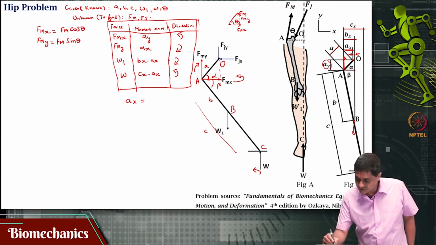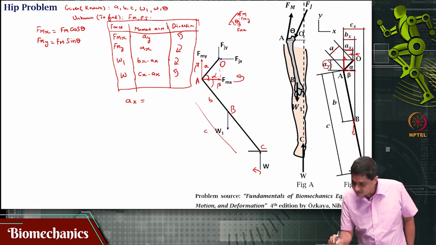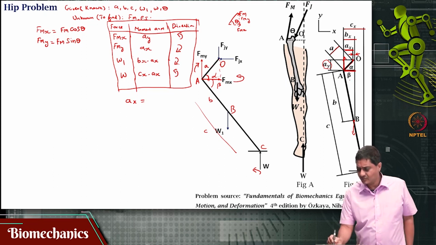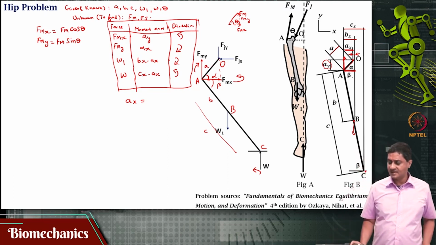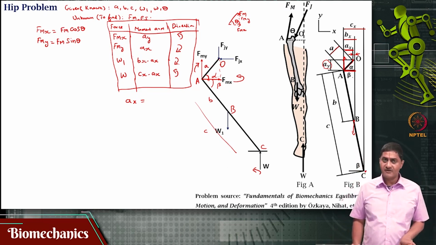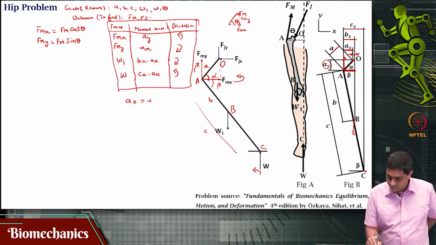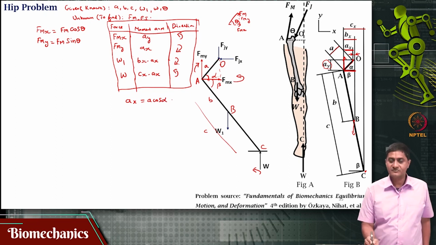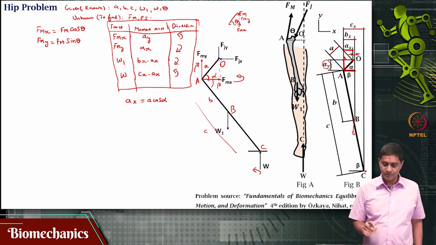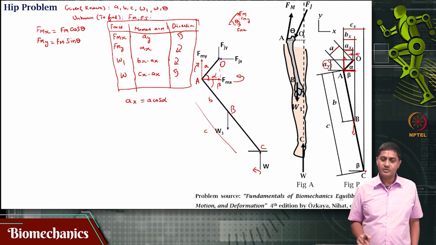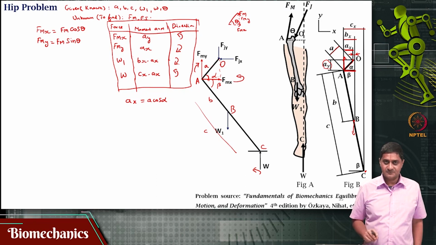What is that? That is the adjacent side of this right triangle with angle alpha. That would be A cos alpha, is it not? Check this, please spend a few minutes and go back to your resolution of vectors and forces and check whether I am correct. Okay, I know that I am correct, but please do check.